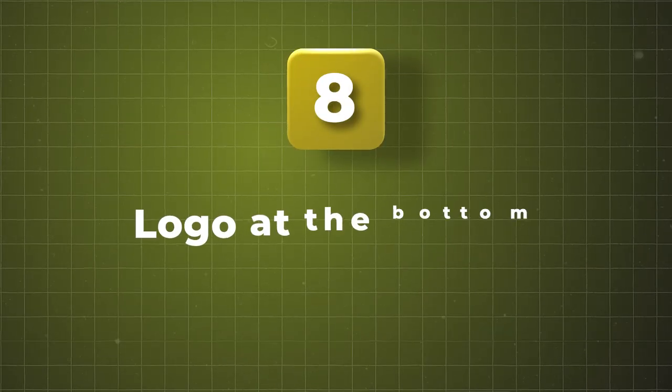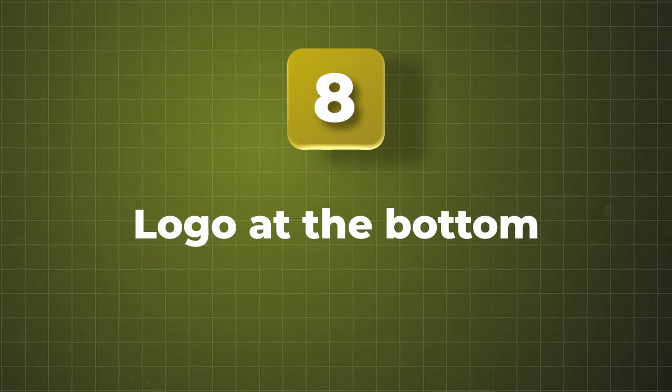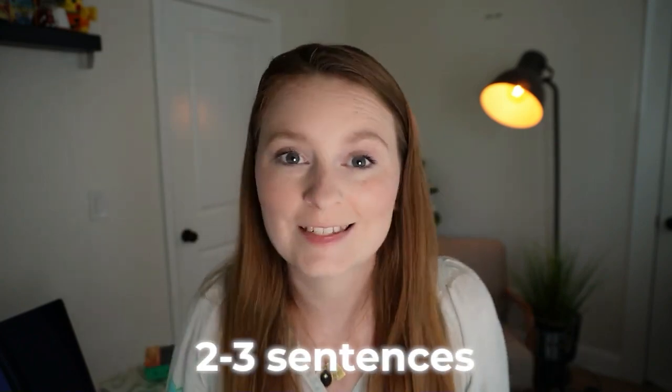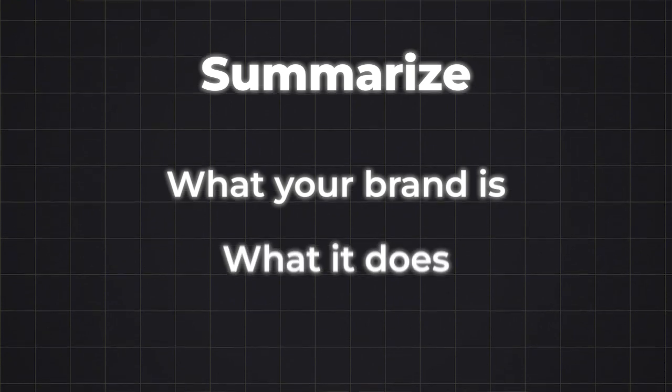Then you can throw in your logo at the bottom. It's just a good little anchor because it then feeds into a mission statement. Now, this mission statement does not need to be a whole paragraph either. We're talking 2 to 3 sentences, but this can quickly summarize what your brand is and what it does. Is this mission statement going to sell somebody on your product?